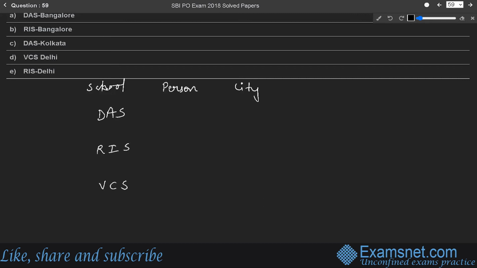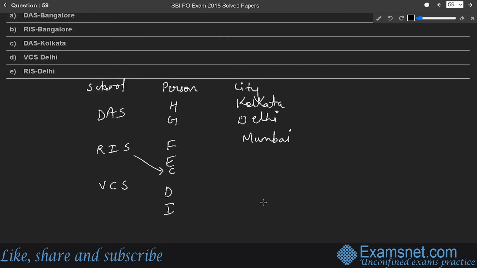So DAS have H and G. RIS have F and E. VCS have D and I. Also RIS have C. Now H likes Kolkata. G likes Delhi. Similarly, next person is F. F likes Mumbai. E likes Bangalore. C likes Ranchi. D likes Surat and I likes Pune.